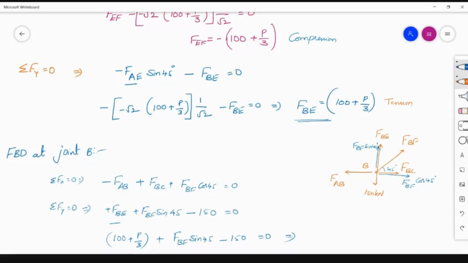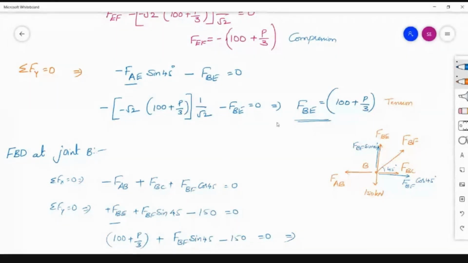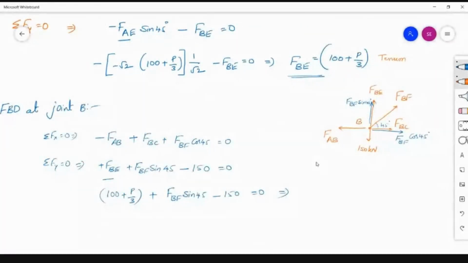And if we simplify this, we will get the value of FBF, which is nothing but root 2 into 50 minus P by 3, and this is tension.